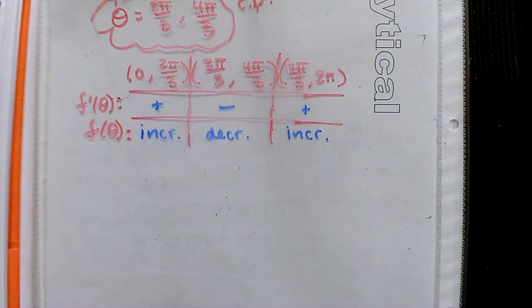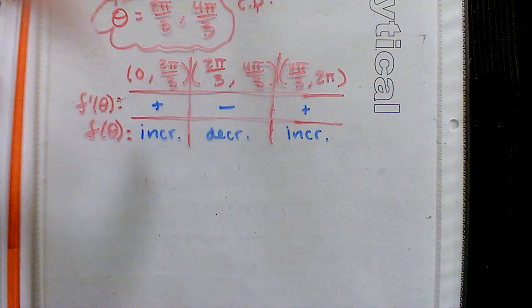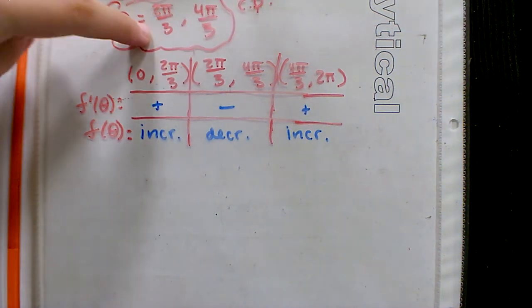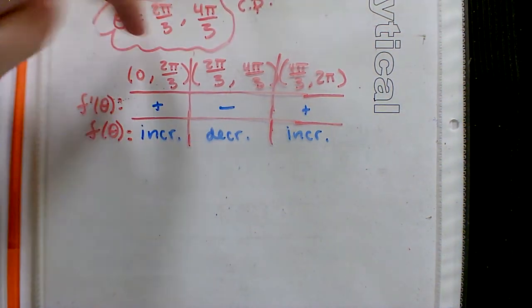The directions for these few questions we were looking at on Friday were: determine the intervals where the original function f of x, in this case f of theta, is increasing and decreasing. We also want to label and find the ordered pairs of any maxes or mins, those high points or low points. Based off that chart, can we identify these critical points we found on Friday?